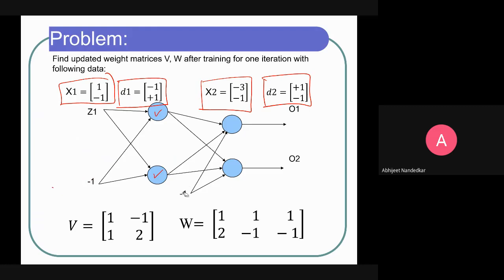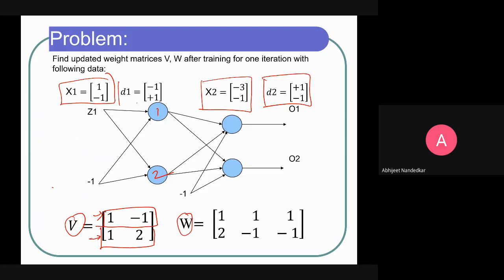So let us see that we have randomly assumed, say, V matrix and W matrix like this. So V matrix consists of two rows corresponding to two neurons here. There are two neurons in the hidden layer. So this is the weight of neuron 1, this is weight of neuron 2.